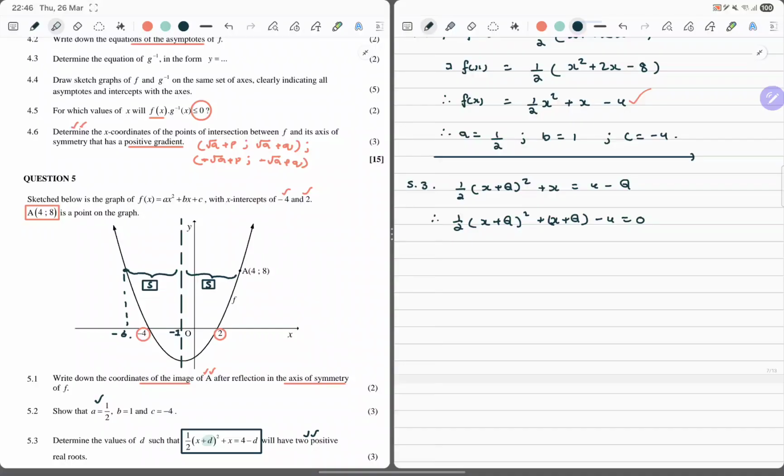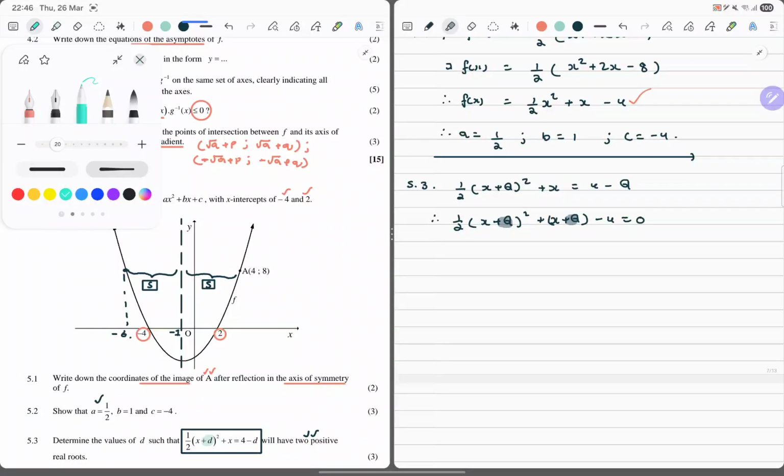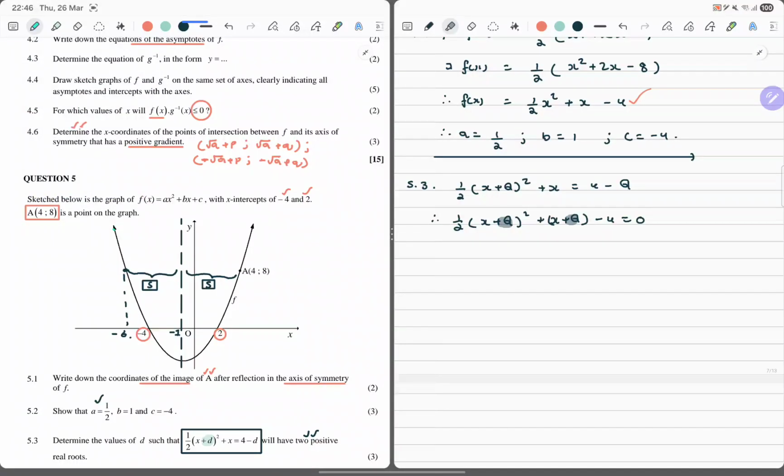So we can already see that this is nothing but the x-intercept of this function when it is shifted to the right by d units. Because we cannot shift it to the left. Why? Because if we shift it to the left, then the roots will become negative.